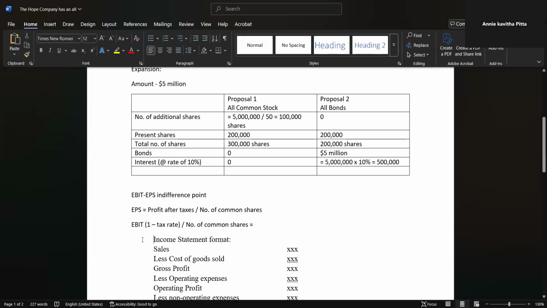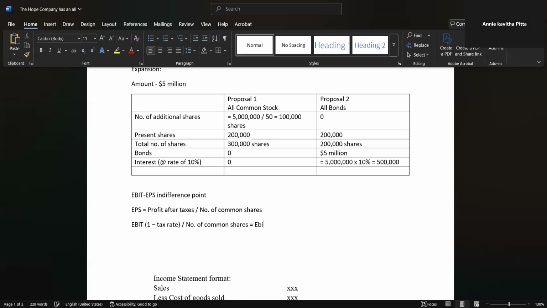Now, under the second proposal, what do we have? We see that EBIT is there, minus I, because interest has to be paid. We see an interest amount of 500,000 is there. So this will be called EBT.